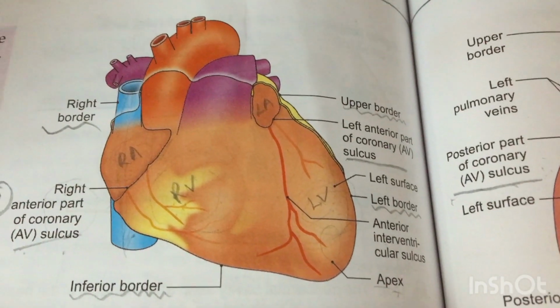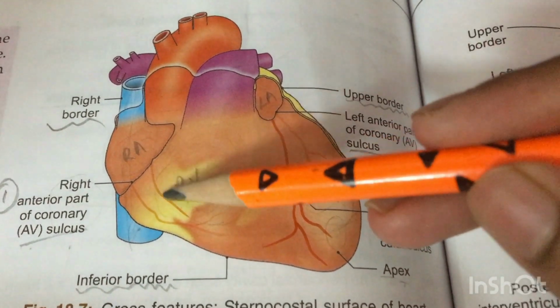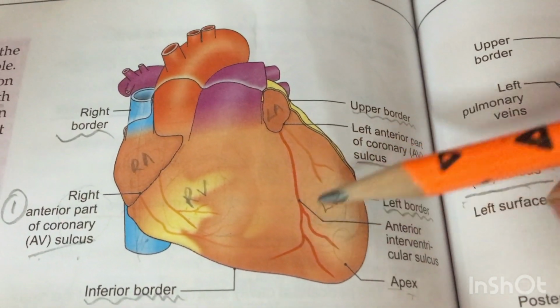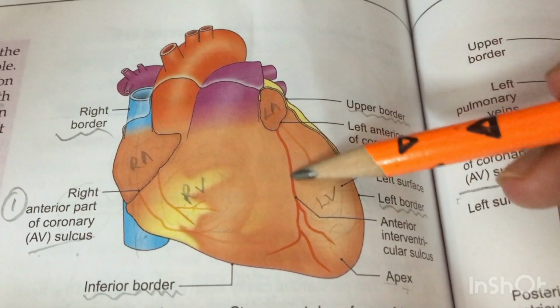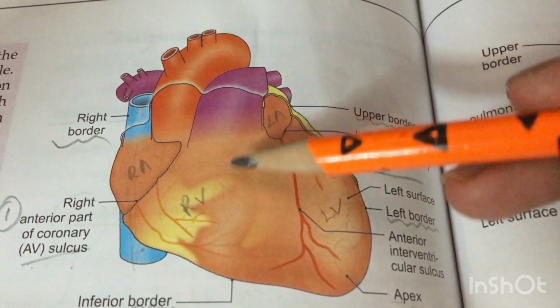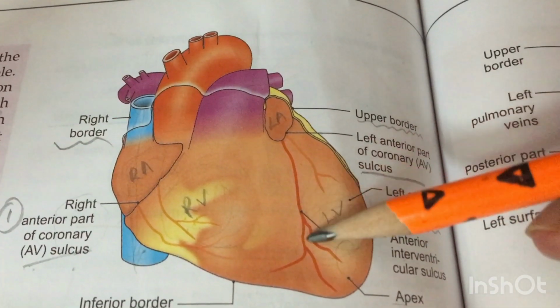The third groove, the interventricular groove, lies between the right ventricle and the left ventricle. You can see here, at this place the interventricular groove lies. This is the anterior view of the heart, so it is called the anterior interventricular groove.